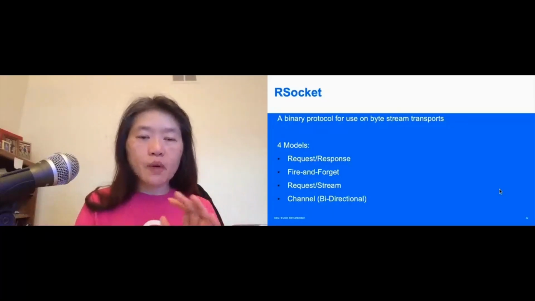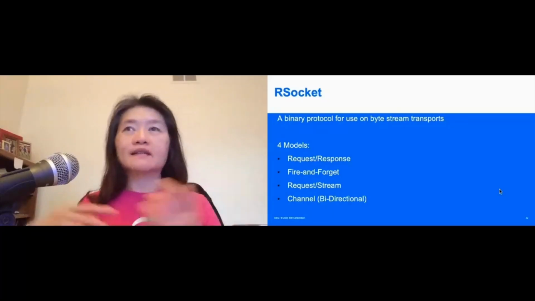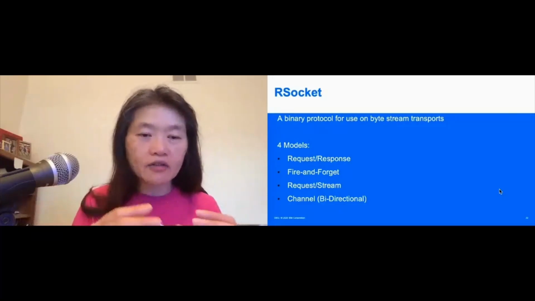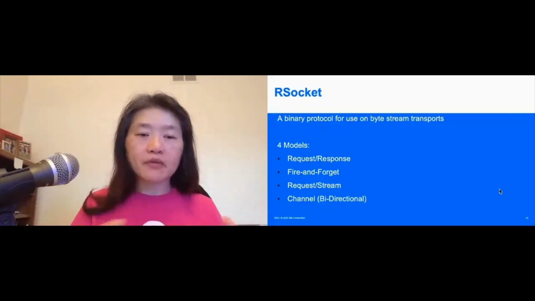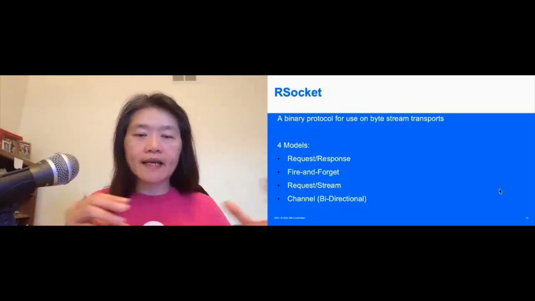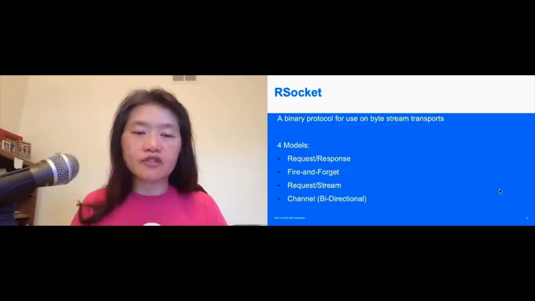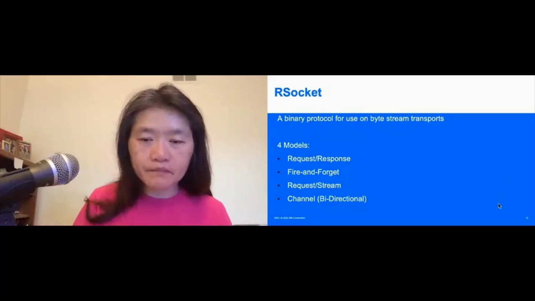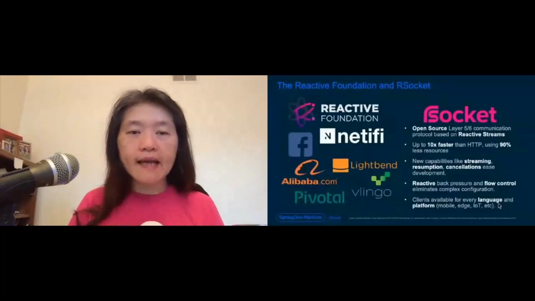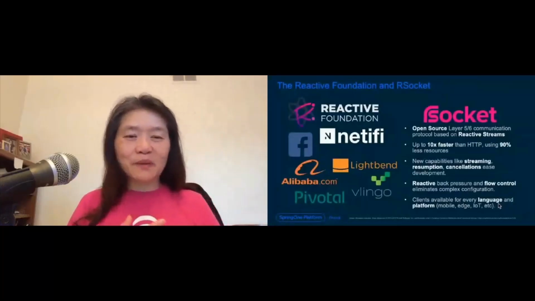Then there's also one-to-many, which is a request and then expecting a stream in the response. And then there's also the channel. The channel stays open, it's bidirectional, it travels both ways. You can have requests going there and responses coming back, and you maintain that connection as a bidirectional channel.